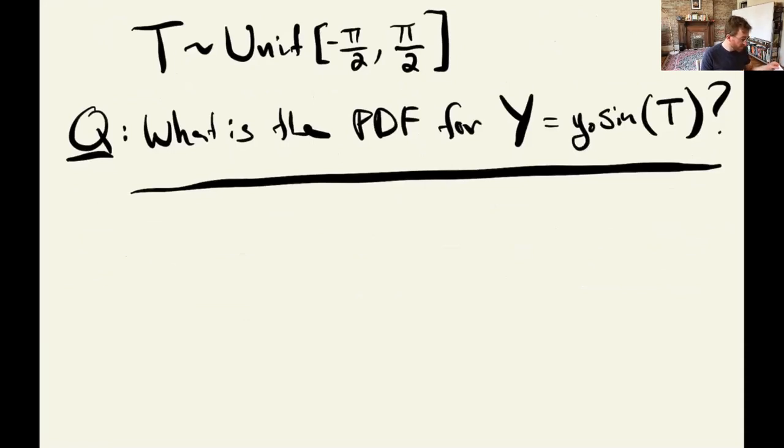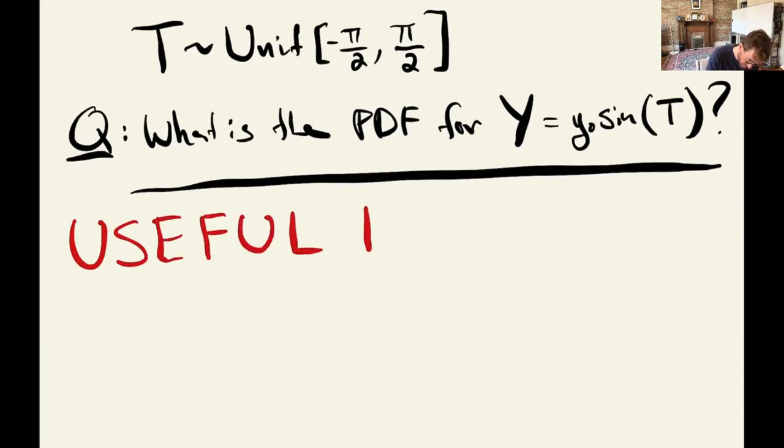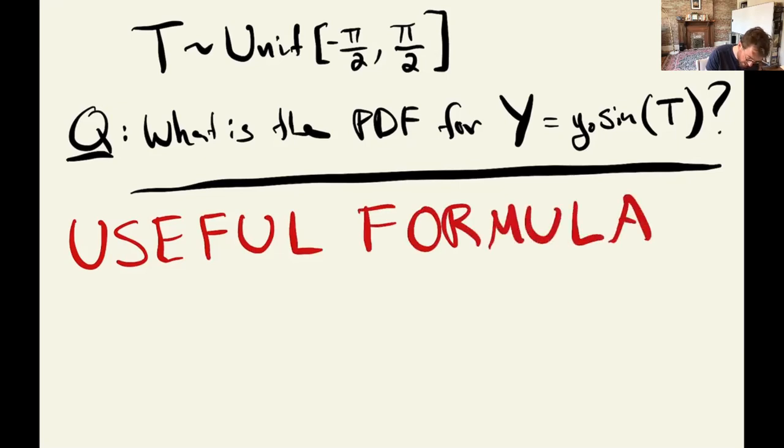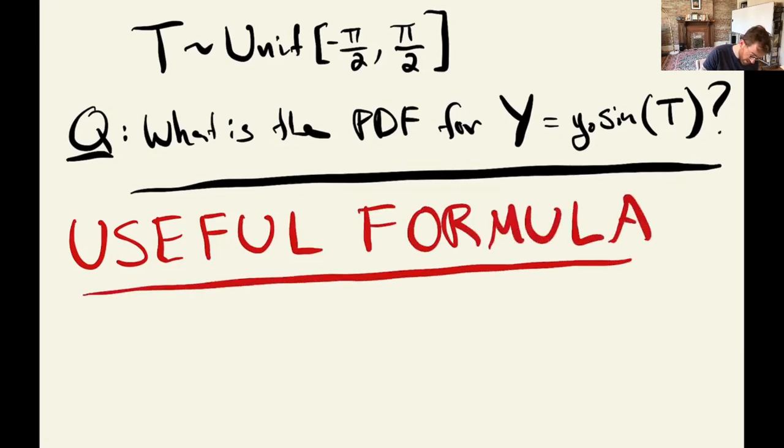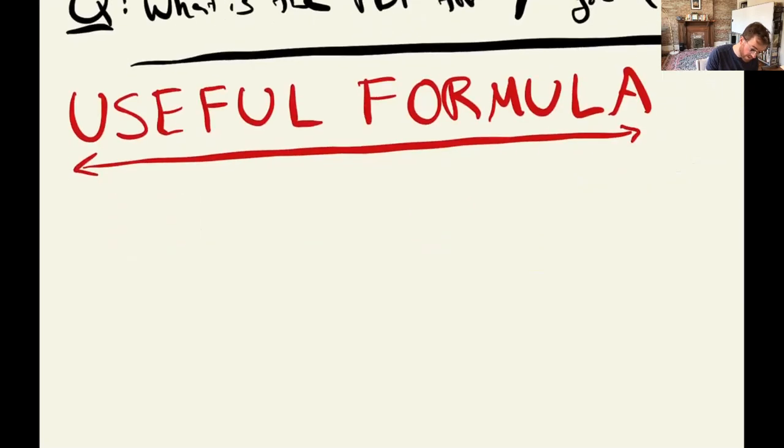We can just look at this formula. So let me go ahead and say here we have this useful formula. And this is a slight variation on something we did at the end of last lecture. And so let me just write it down here.